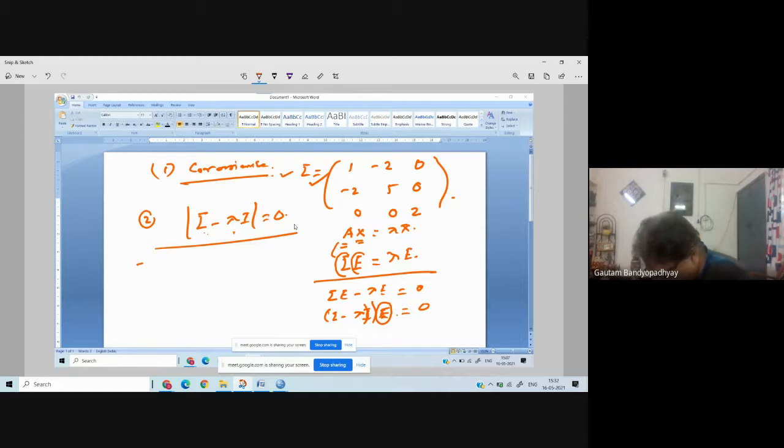So we get [1 minus lambda, -2, 0; -2, 5 minus lambda, 0; 0, 0, 2 minus lambda].